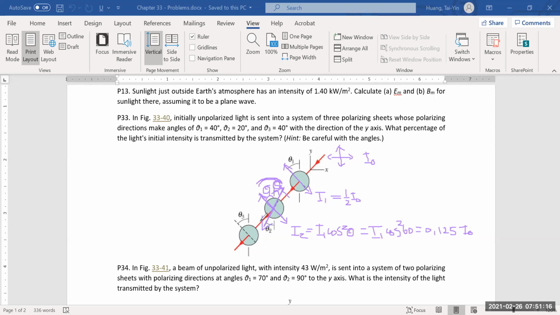So this is the light that's being sent through the third polarizer, with the angle of this one, which is theta 2, and the polarizing axis of the third polarizer is this, which is making this angle with the y-axis, which is theta 3, which is 40. So again, the angle between these two is 40 plus the 20.